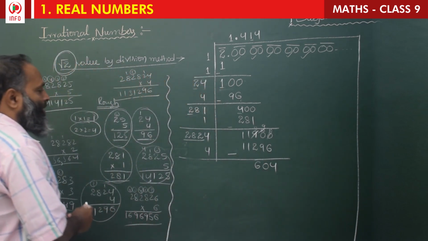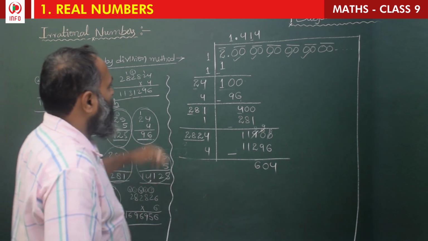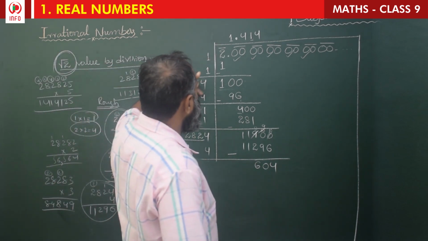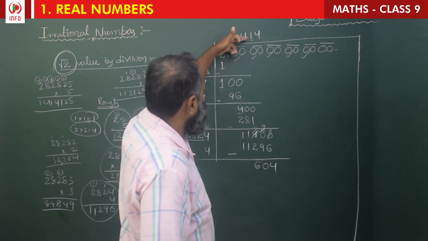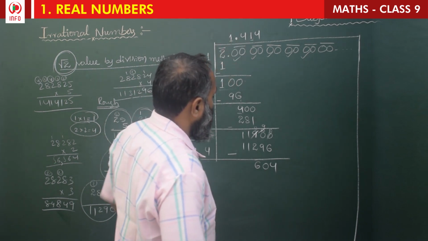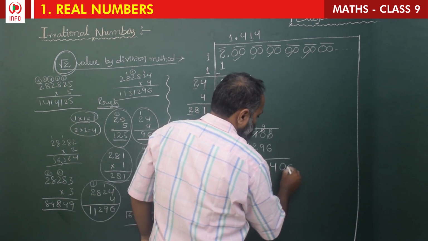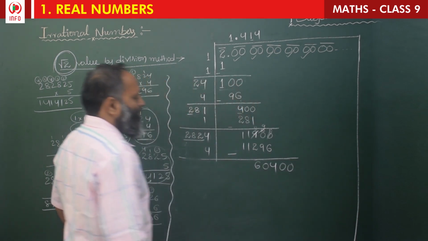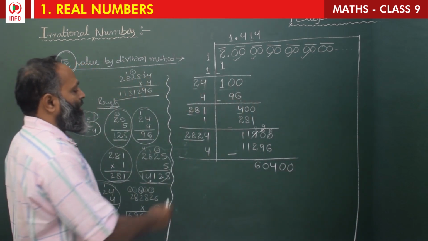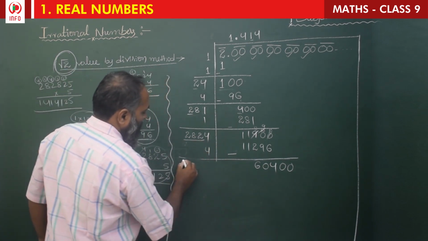Here 11,000. So where will the 11,000 come? Here this is the first step 1, the fourth step 4, you will get. Then after that, we should take 2 more zeros. Then in the step, what we are getting is 4, so that we should add.